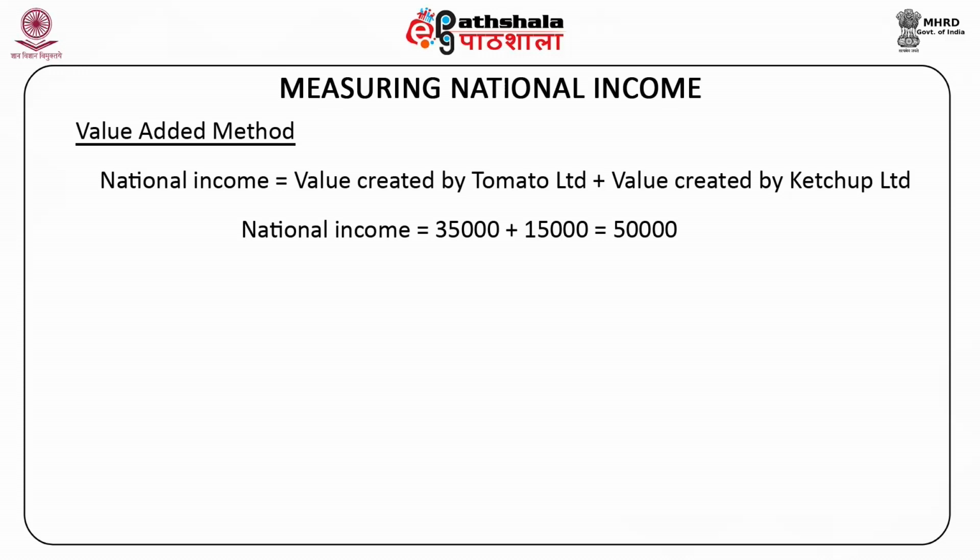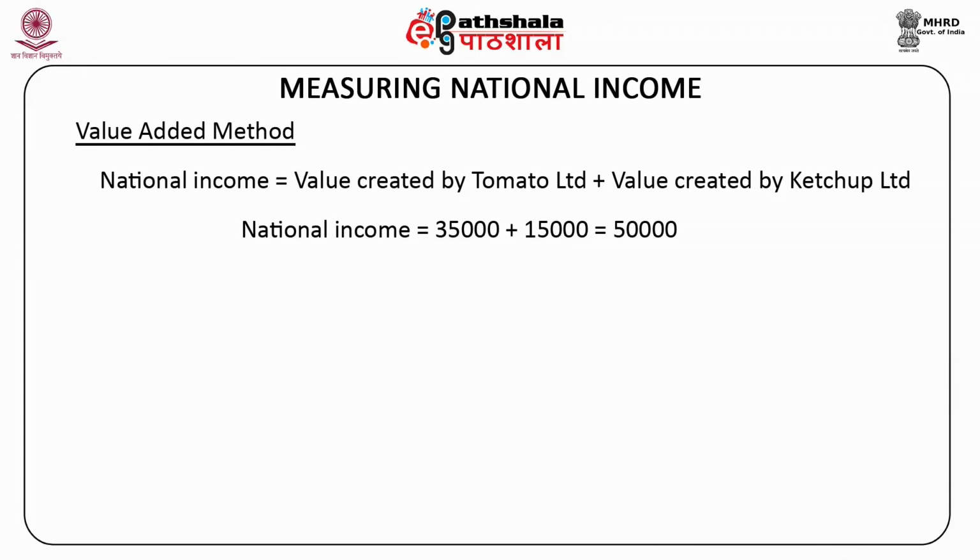The value added by the Tomato Limited is 35,000, assuming it does not use any intermediate inputs. Now the value added by Ketchup Limited is value of final output minus cost of intermediate inputs, that is 40,000 minus 25,000.